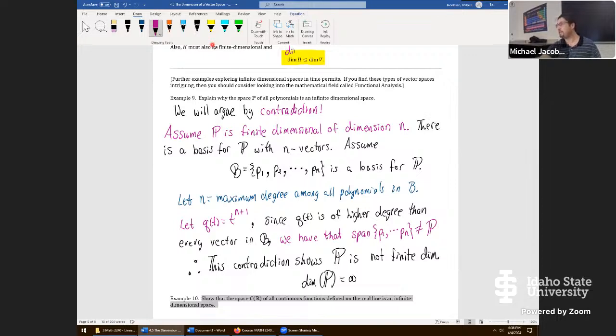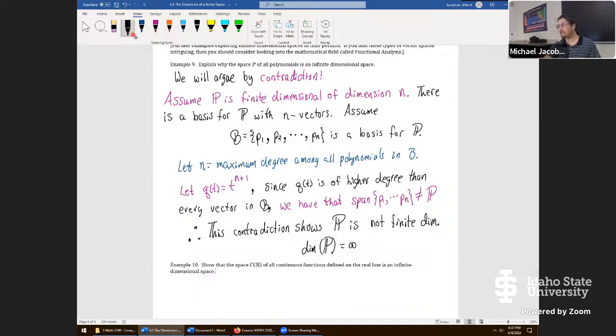So you can't have dim P less than or equal to the dimension of C(R) if this space right here was really finite dimensional. It would have to be infinite dimensional for that to work out. Or said in more simple terms, a better analogy is that you can't plug an infinite dimensional subspace inside something that's finite dimensional.